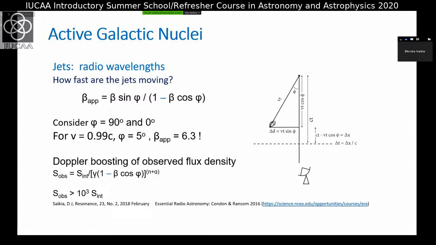Physically, can you just put an answer in Zoom chat? I'll just wait for 20 or 30 seconds to see what you put in, and then I'll try to answer the question. So when phi is equal to 0 degrees, I'm asking, why is beta apparent 0?